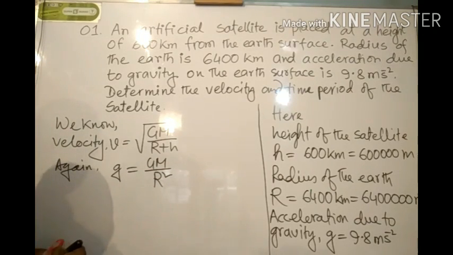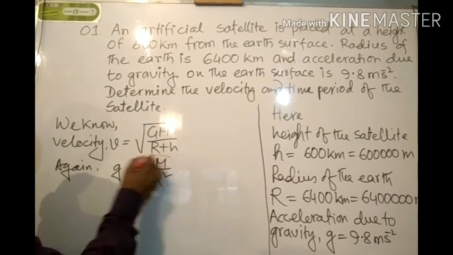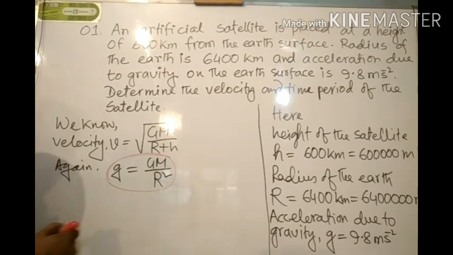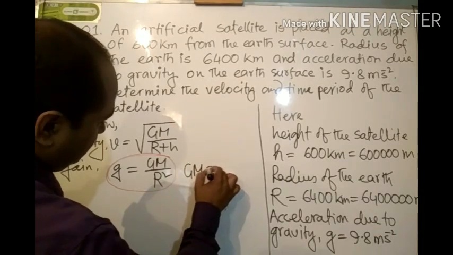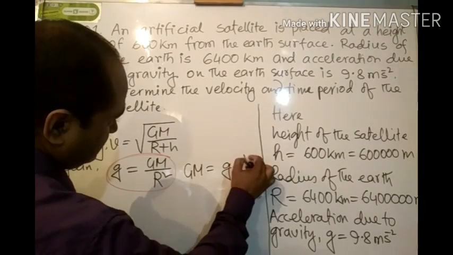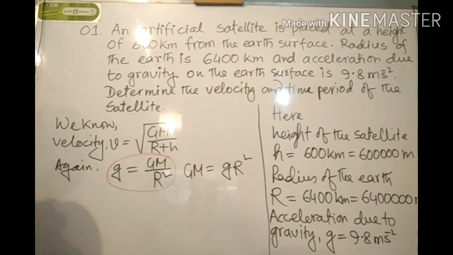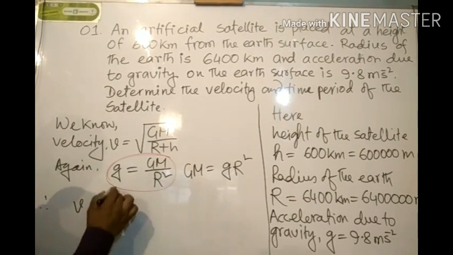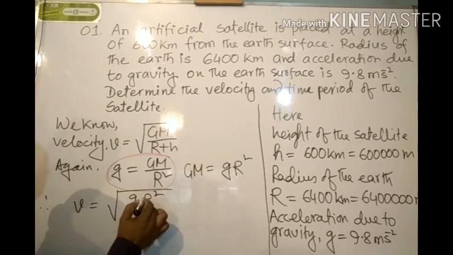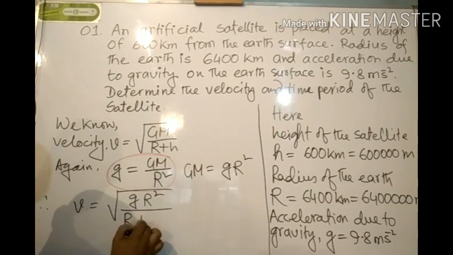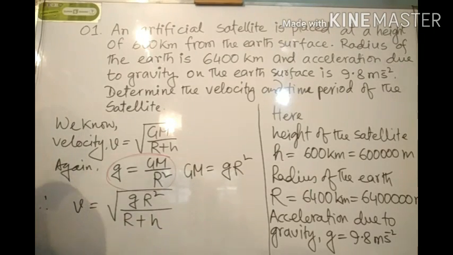So from this expression, we can write that GM is equal to g R square. So now we replace GM by g R square because the value of g is given. Therefore, v is equal to square root of g R square divided by (R plus h).